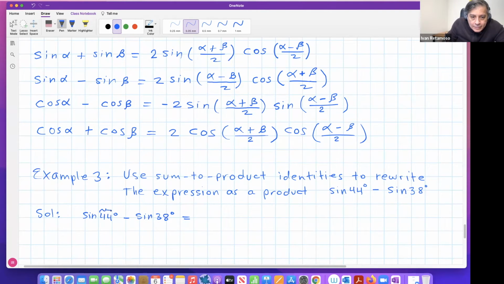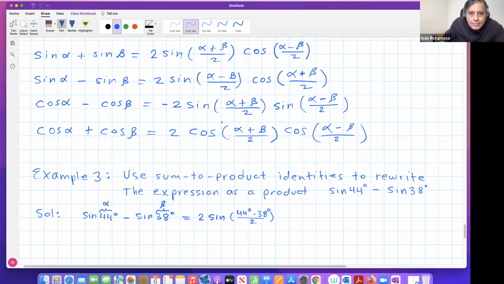Again, call this angle alpha, call this angle beta, right? And apply the second formula. The second formula says that this should be equal to 2 times sine of this semi-difference, alpha minus beta. So alpha is 44 degrees minus beta 38 degrees, all that divided by 2.